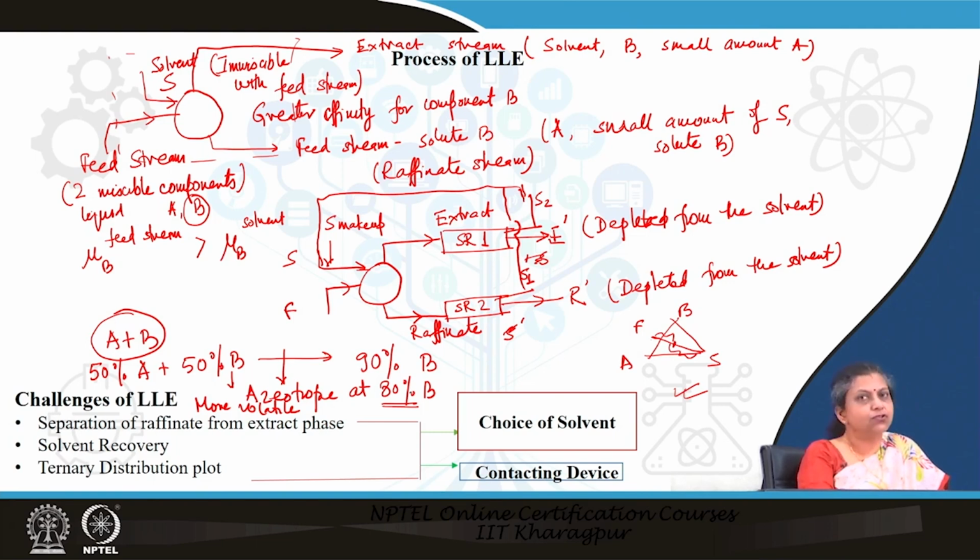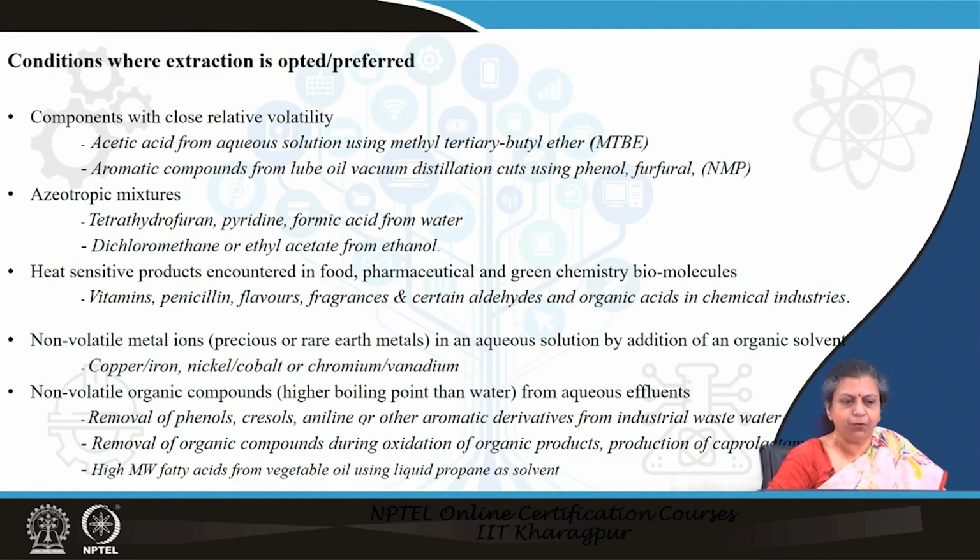There are situations where none of these are very possible. Under those conditions, the azeotrope is not worth changing, or if we change the pressure, the relative volatility between the two components does not change to a great extent, and it is also not very feasible to use a third component to break the azeotrope.